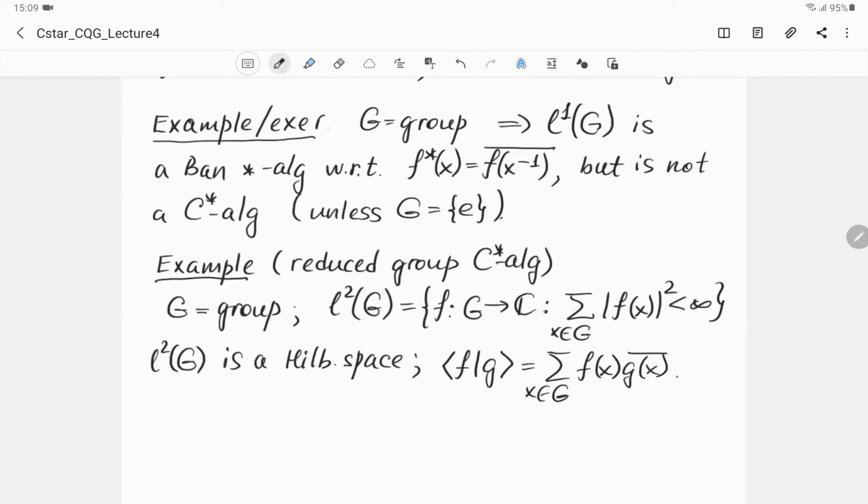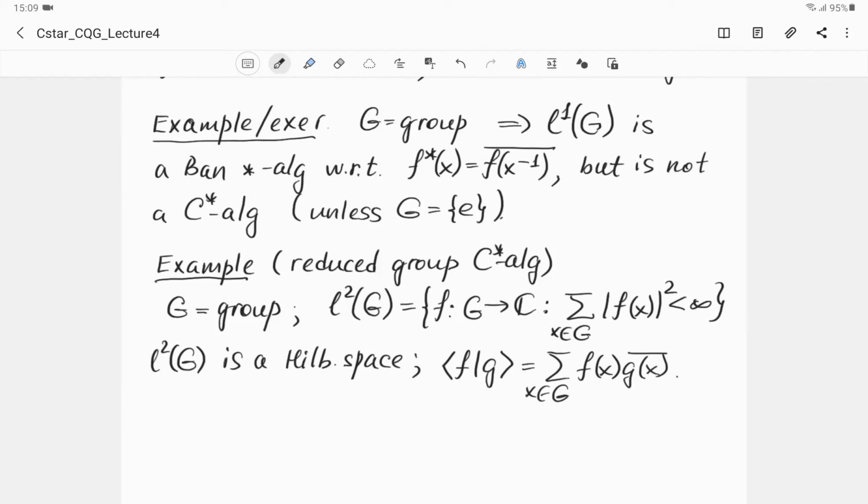We're talking about discrete groups, right? Yeah. Well, at this point, we consider groups which are not equipped with any topology. So we can always consider them as discrete groups, as topological groups with discrete topology. In fact, this example can be extended to locally compact groups, but at this point, I wouldn't like to go into such details.